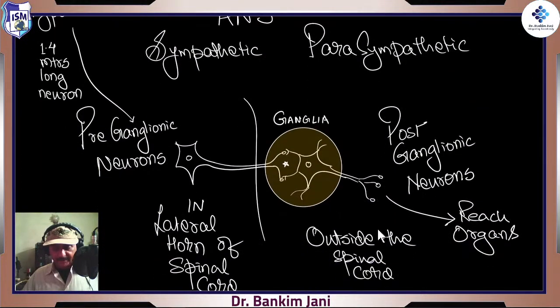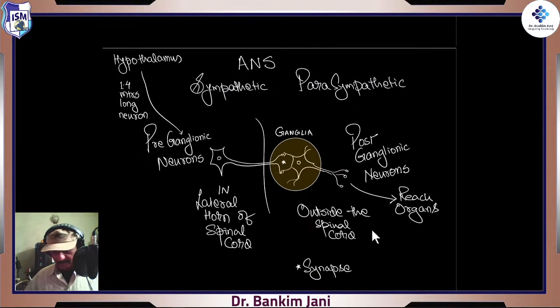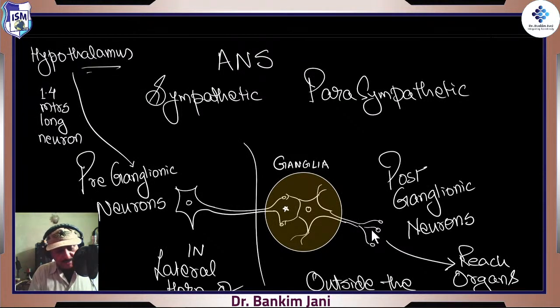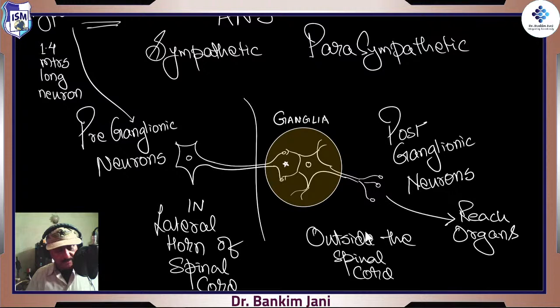So in ANS, we said that we have got the sympathetic and parasympathetic. Now we are diving a bit deep. Our journey would start from hypothalamus, and from hypothalamus all the way, those long neurons come down to the spinal level. Just before that, there are preganglionic neurons.